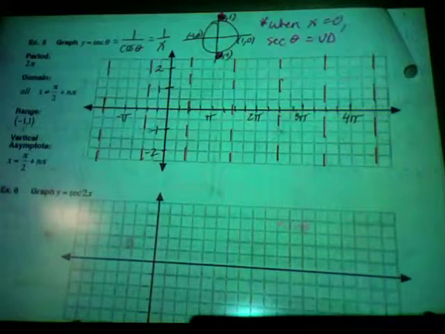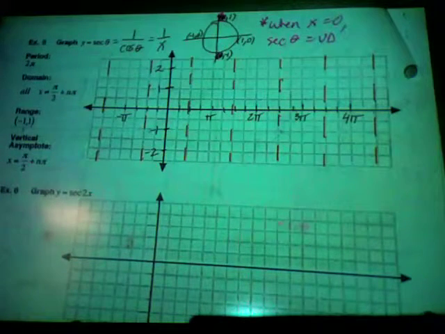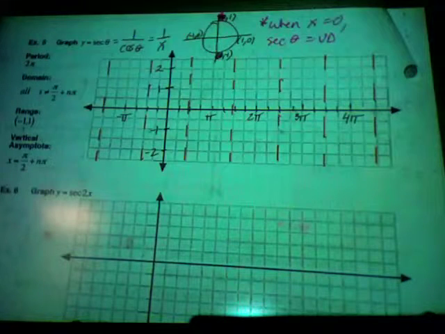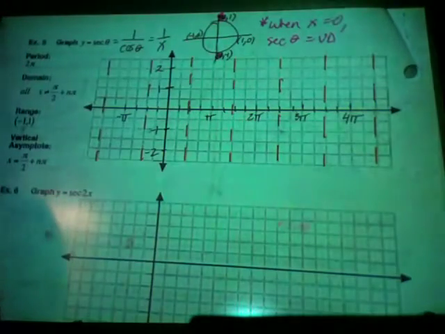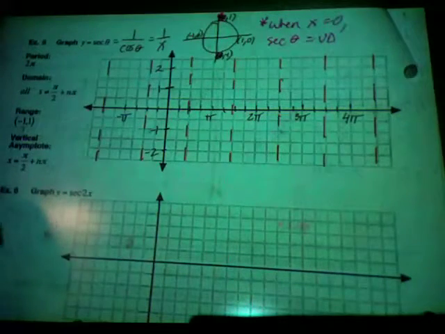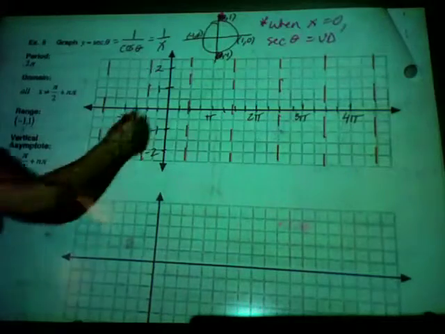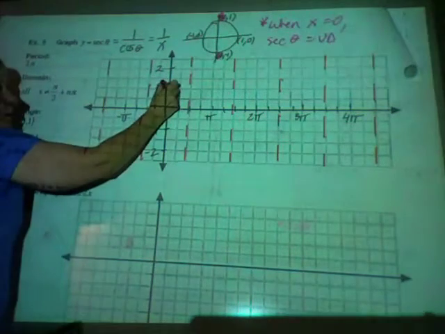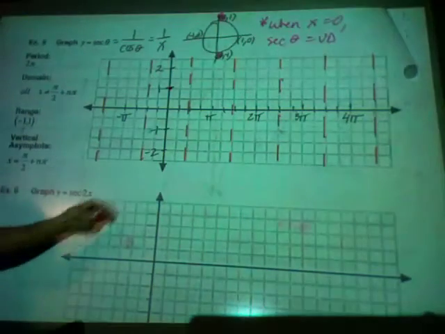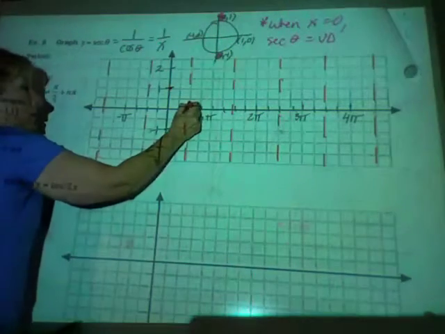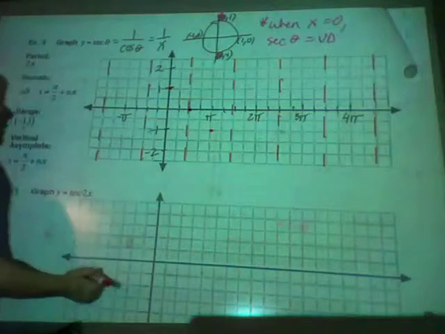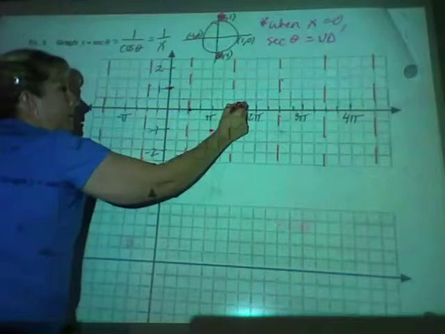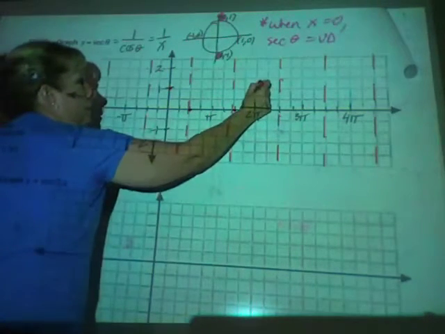Now I'm going to do it again, and you can always do this if you forget how the secant and cosecant curves work. So cosine, we normally would start at 1, wouldn't we? And then we would go down here to 0, right? And then down here we would go to -1, back up to 0, and back up to 1.